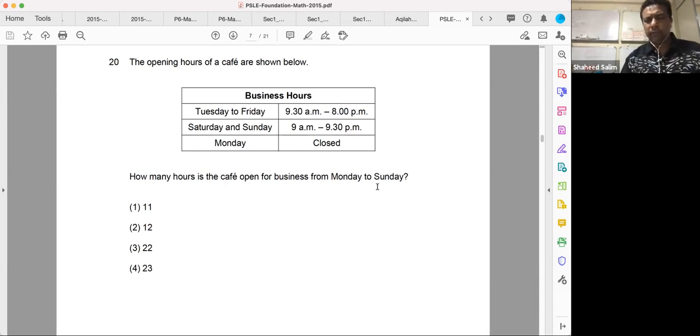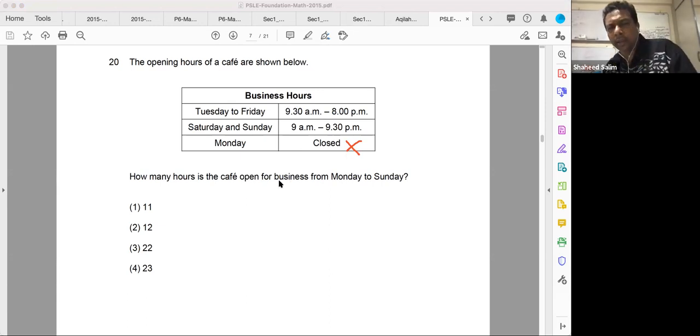Monday to Sunday. So we go day by day lah. Monday is closed, not open. So didn't count Monday. Tuesday is how many hours? 9:30 a.m. to 8 p.m. You count lah. How many hours is that per day? It times by 3 days because it's from Tuesday. Sorry, 4 days. Tuesday, Wednesday, Thursday, Friday. You must times by 4 days.